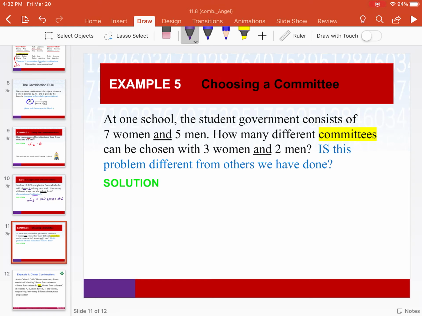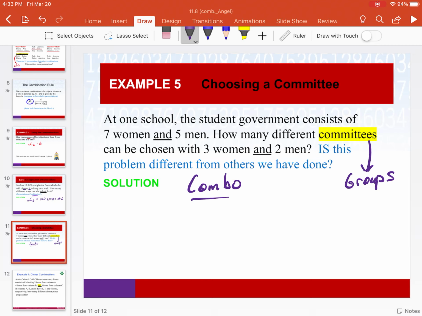So 2 parts to our committee. Now, does a committee sound like an arrangement, like we're arranging men and women on this committee, or does it sound like a group? Well, committees typically are groups, all right? I hope that's what you were thinking. So this will be combinations.